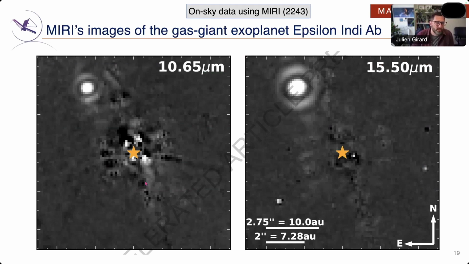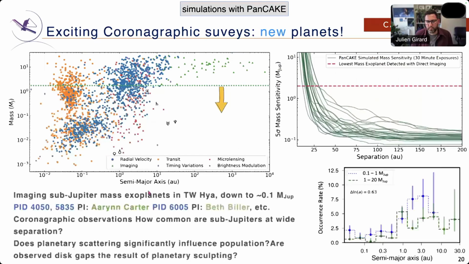You can even see diffraction rings around the planet, even though it was missed by a very long campaign on the ground with a NIR instrument at the VLT. They can barely see it now that they know it's there.